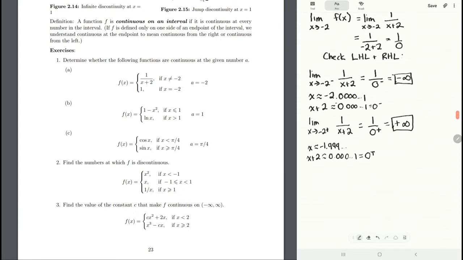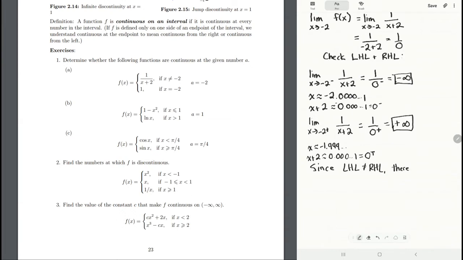If the left-hand limit goes to negative infinity and the right-hand limit goes to positive infinity, then we can say that the left-hand limit does not equal the right-hand limit.